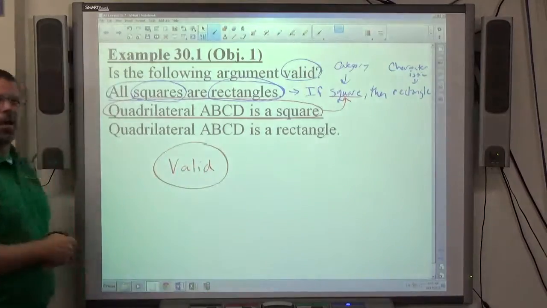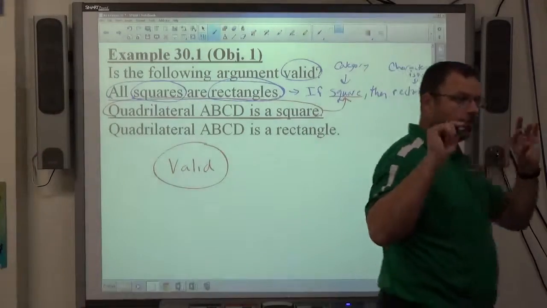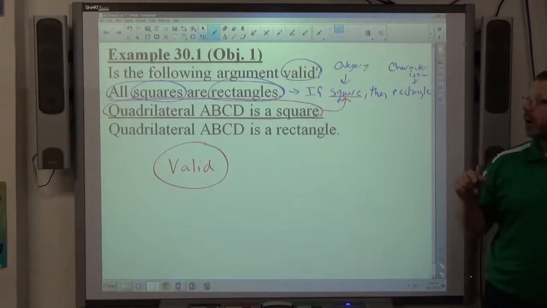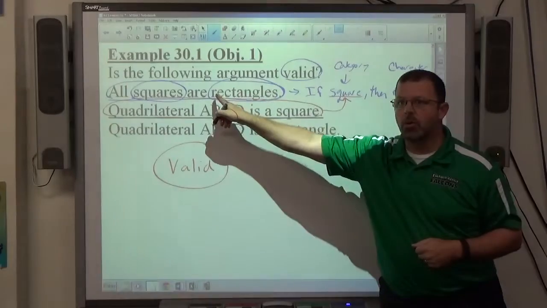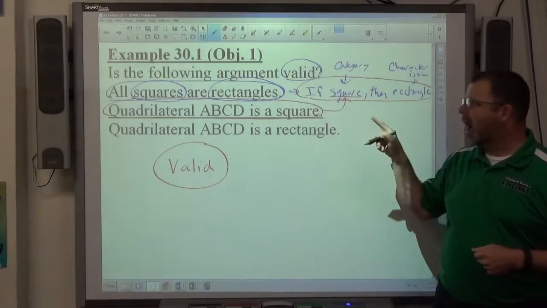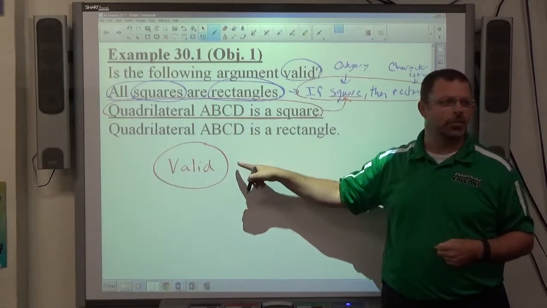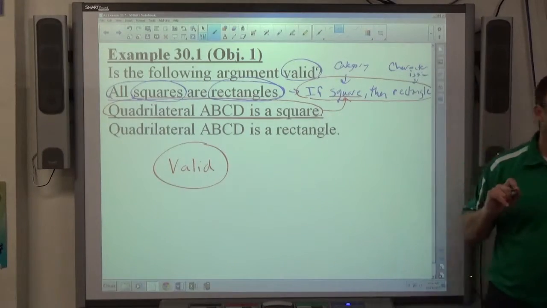What I'd want to see on your paper for this problem, as far as demonstrating that you understand what's going on, is where you took the categorical statement and wrote it in if-then form. I can believe that you can go through the thought processes without writing stuff down to establish valid for that.